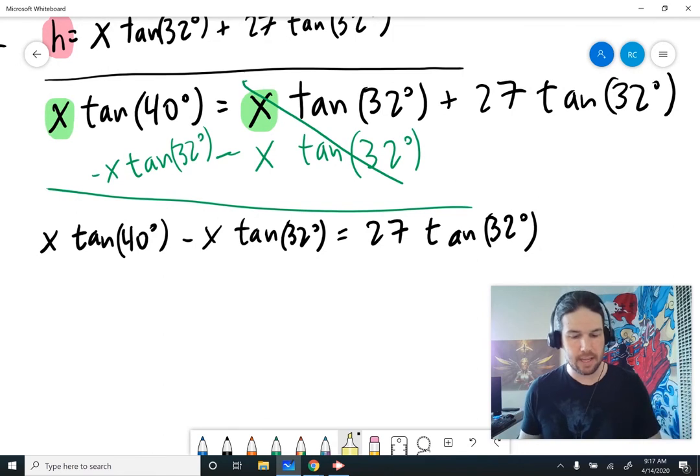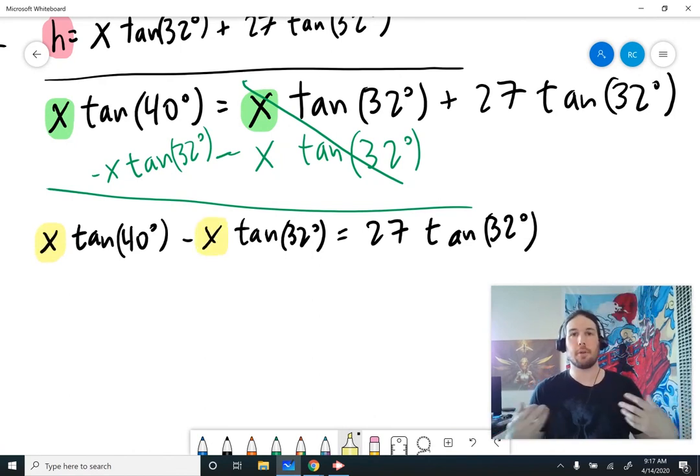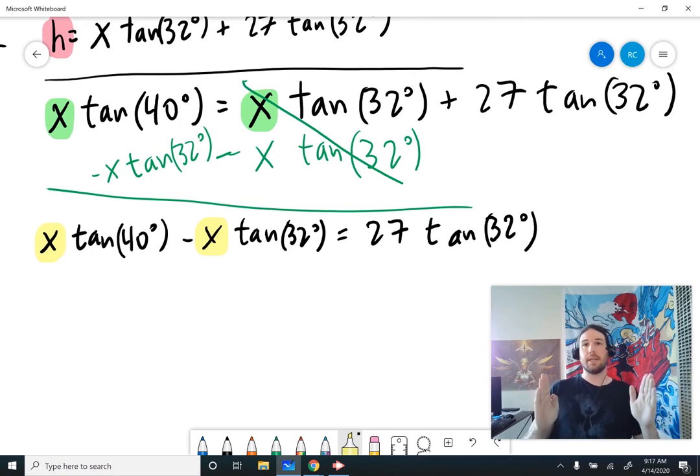Now, here on the left side, you'll notice I still have an x here and an x here. Both of these terms are being multiplied by x. Now, here's an integrated math 2 thing. We learned that if you have the same factor in two different addends, in two things that are being added or subtracted, we can factor that out.